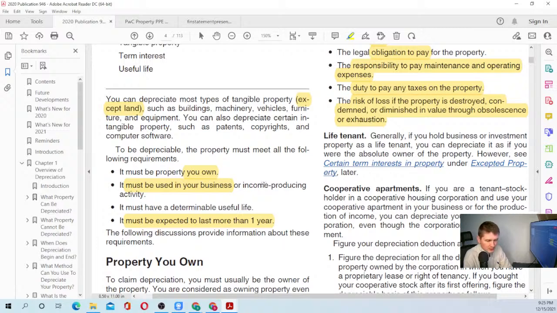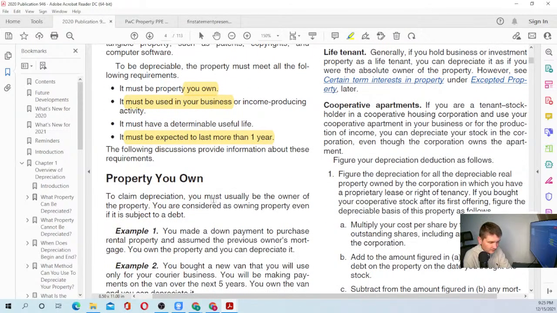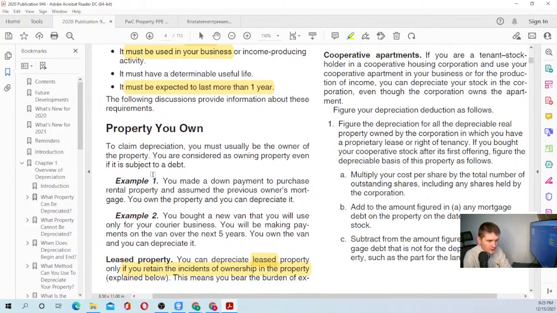You must use it in your business or income-producing activity. It must have a determinable useful life. It must be expected to last more than 1 year. So basically, we have the same stuff in the accounting standard, and we have the same stuff in the IRS publications.